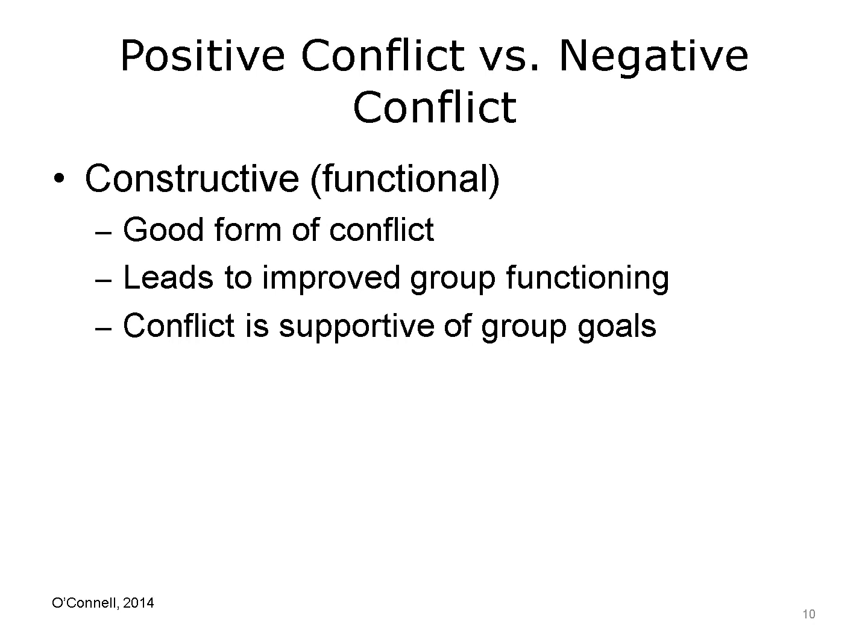Those types of conflicts that lead to improved group functioning and support group goals are positive or constructive forms of conflict. Alternatively, those forms of conflict that obstruct group goals or performance can be considered destructive or negative forms of conflict.